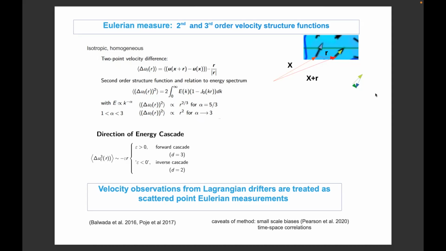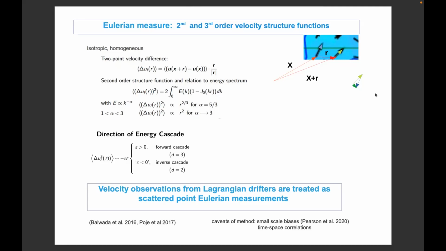But if we have turbulence, turbulence imposes correlations on the system. And that leads to a typical scaling of these structure functions with the distance between the points. For the second order structure function, there's a connection to the spectra. It comes to this formula with a Bessel function.